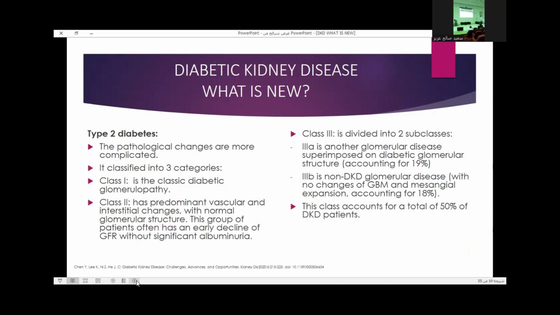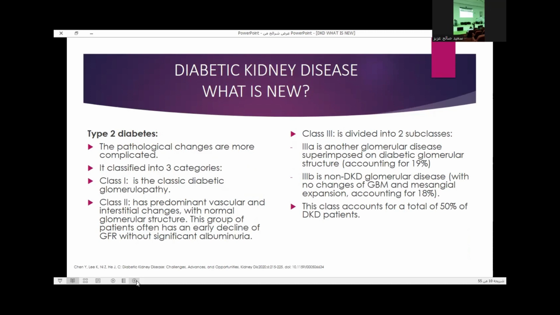In type 2 diabetes, it's more complicated. We usually classify them pathologically into 3 types. Class 1, the classic one, has glomerular disease associated with diabetes. Class 2 has a normal glomerular structure, but the changes are related to the reduction in GFR. Class 3 is usually divided into 2 classes, 3A and 3B.